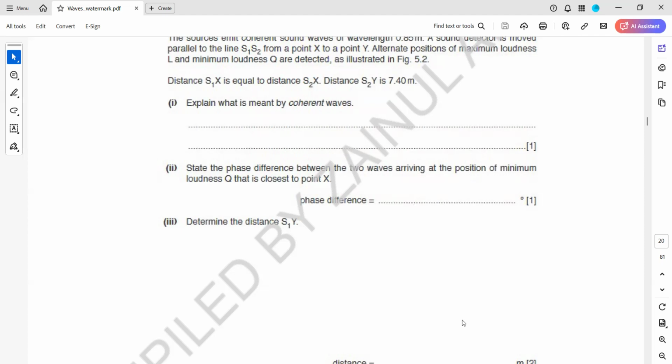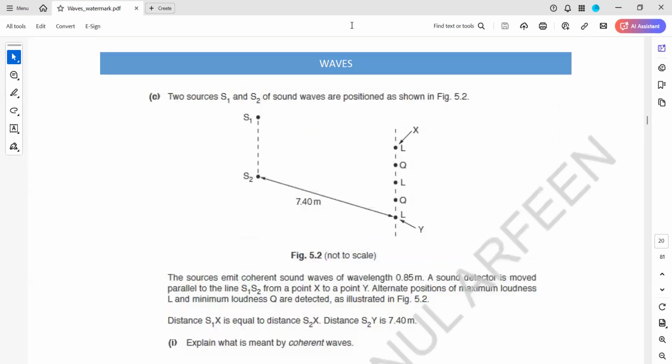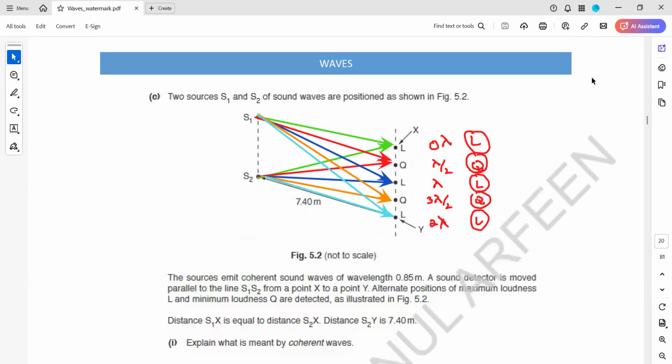State the phase difference between the two waves arriving at the minima closer to x. When the waves cancel out the effect of each other, that is destructive interference. For constructive, the phase difference will be 0, or you can say 360.